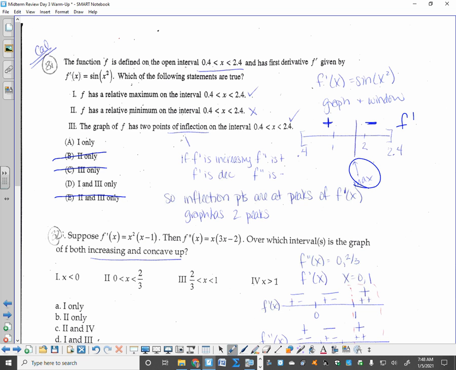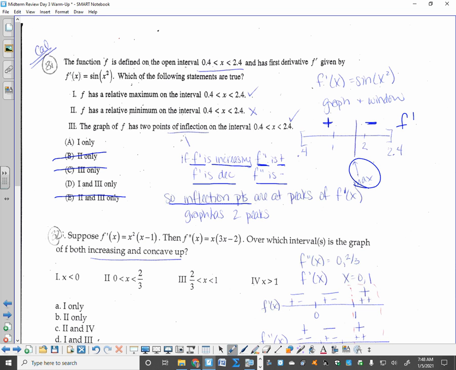The graph has 2 points of inflection on the interval. Okay, inflection is second derivative. Second derivative is the derivative of f prime. So if f prime is increasing, f double prime is positive. If f prime is decreasing, f double prime is negative. And that's just me kind of writing out to get all my facts straight.